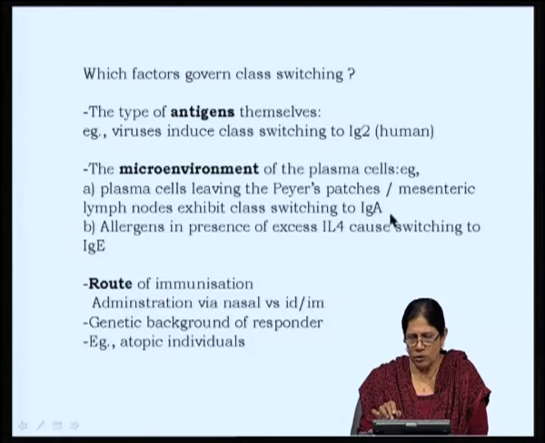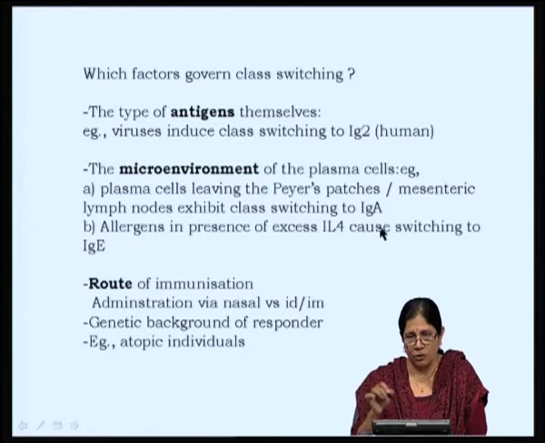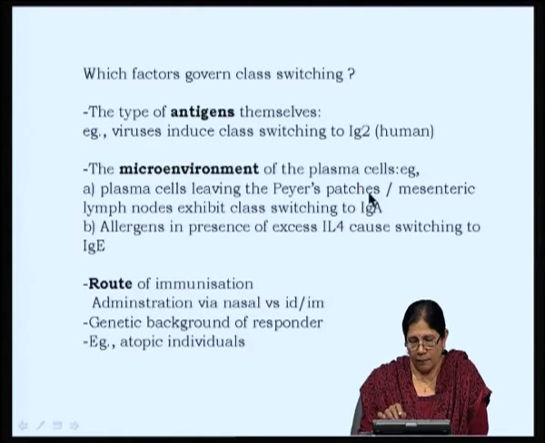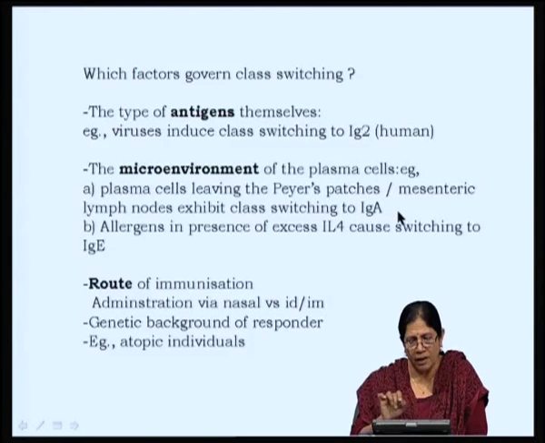IgA is seen mostly in body fluids, and if you look at the different immunoglobulins, maximum secretion of any immunoglobulin class would be IgA. We will come to that in the next lecture, but Peyer's patches are present in the intestine. So, plasma cells which leave that region would class switch to IgA because of the microenvironment.